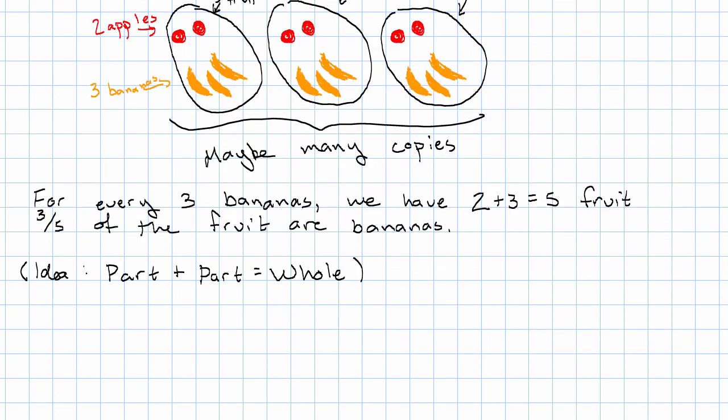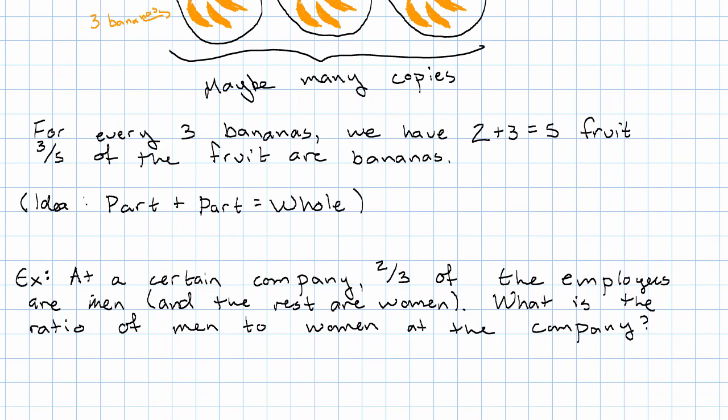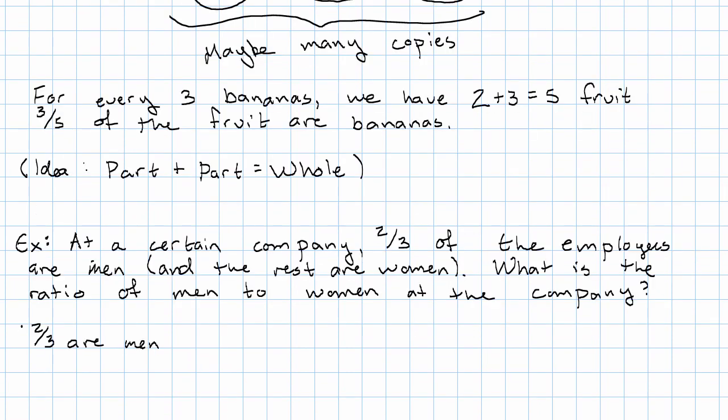Let's see another example. Suppose that at a certain company, 2/3 of the employees are men and the rest are women. Suppose we want to figure out what is the ratio of men to women at the company. That 2/3 of the employees are men means every time we have a group of 3 employees, we have 2 of them who are men.